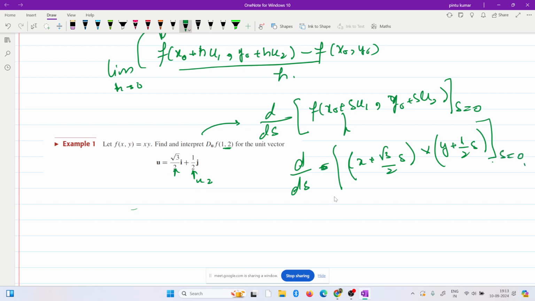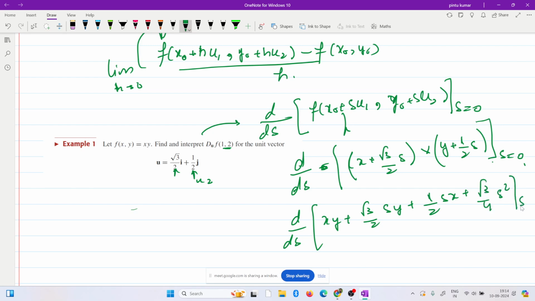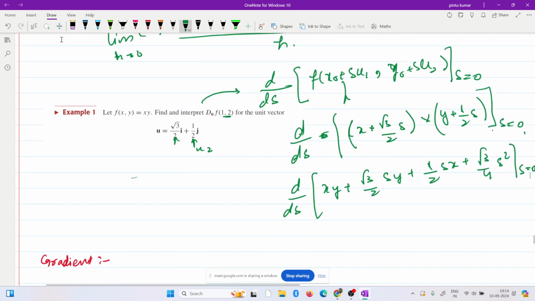So this is d by ds of xy plus root 3 by 2 s into y plus 1 by 2 s into x plus this 2 multiplied root 3 by 4 s square at s is equal to 0. Now you take its derivative.